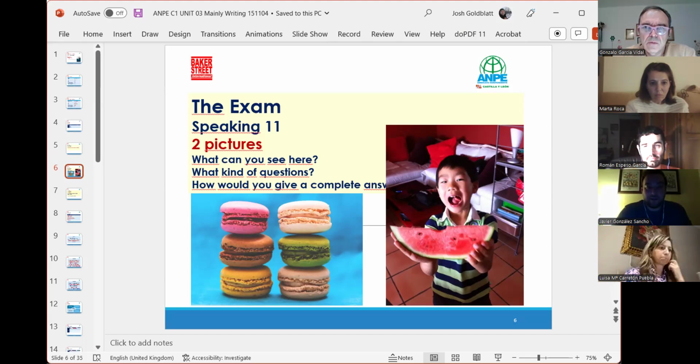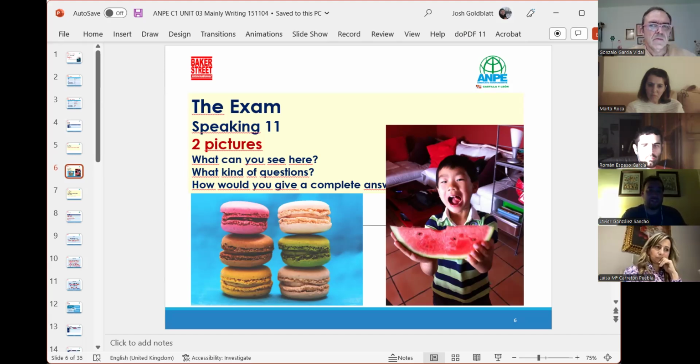Okay, in the first pic, you can observe 6 pieces of macarons. In the bottom of the picture, you can see the blue color, because in this way, this pic could be better in order to show the people. And in the other picture, you can see a boy.